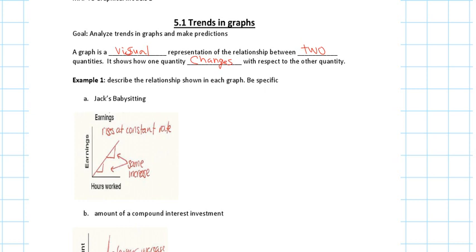So as the number of hours Jack works increases, his earnings increase at a constant rate.